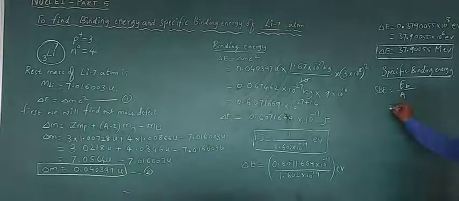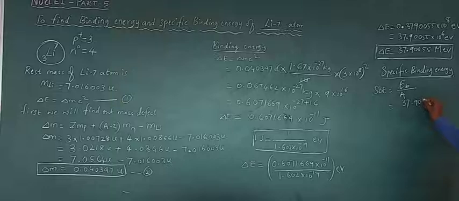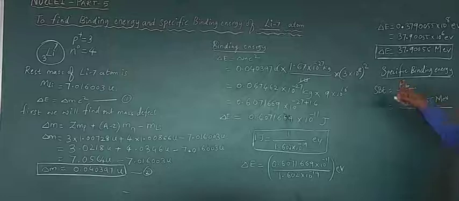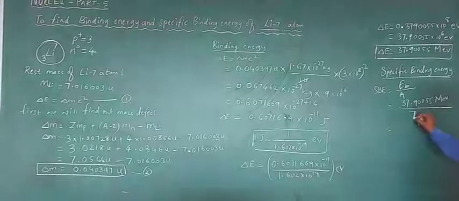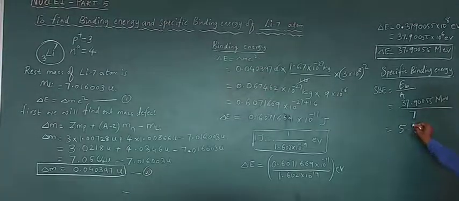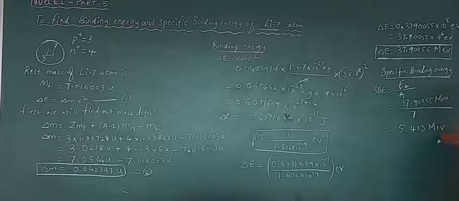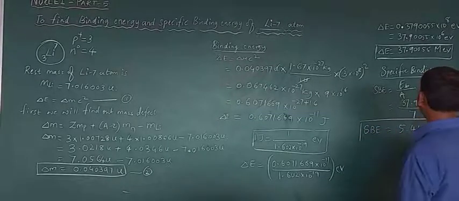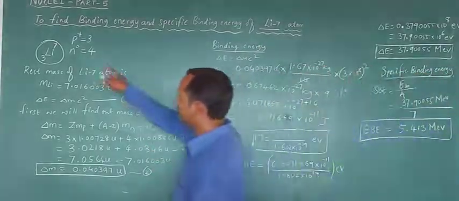The binding energy we found is 37.90055 million electron volts, divided by its mass number, 7. Dividing 37.90055 by 7, you get 5.413 million electron volts, which is the specific binding energy of the lithium 7 atom.